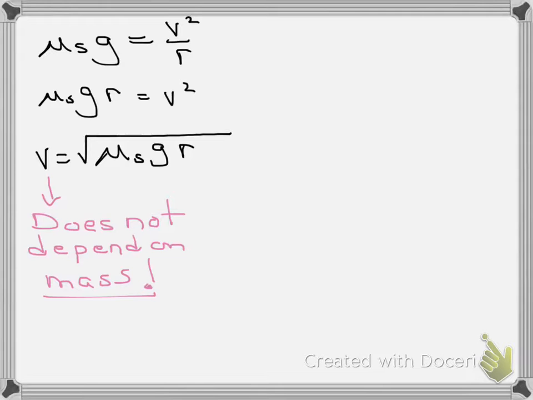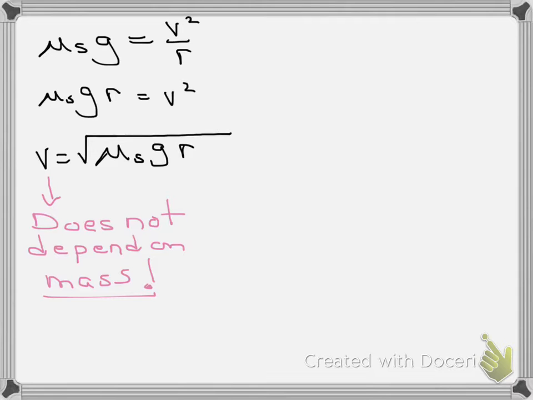It does not say 25 miles per hour for a Cooper Mini and 20 miles per hour for a Chevy Suburban and 15 miles an hour for a semi-truck. The mass of the vehicle does not determine the safe speed, and that's why there's only one speed posted, because it doesn't matter what vehicle we're talking about.